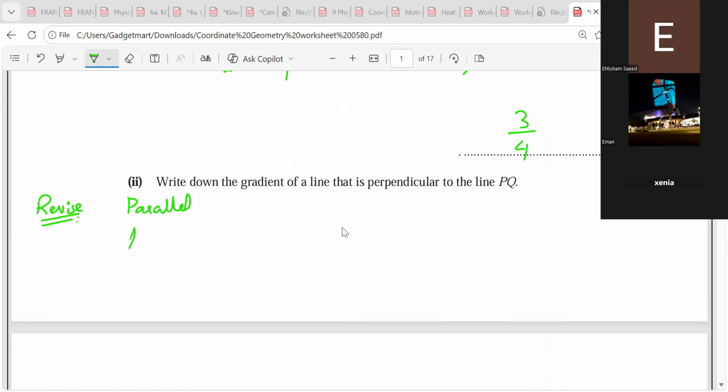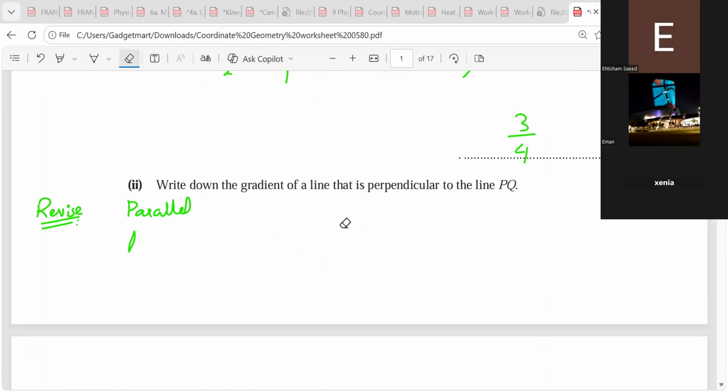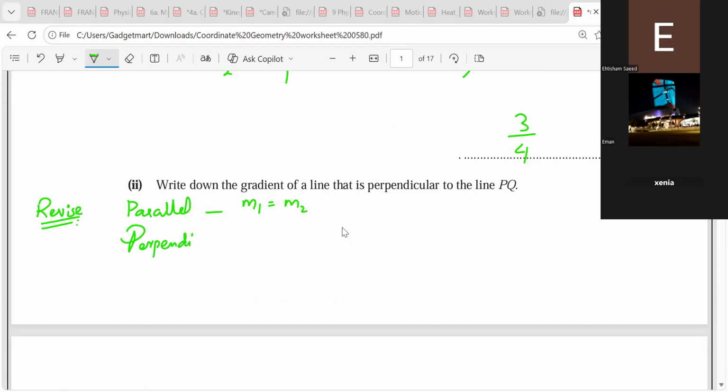For parallel, slope of line 1 is equal to slope of line 2, so here I'm going to write m1 is equal to m2. But in case of perpendicular lines, gradient m1 multiplied by m2 equals -1. This is the formula. So m2 will be equal to the negative reciprocal of m1.